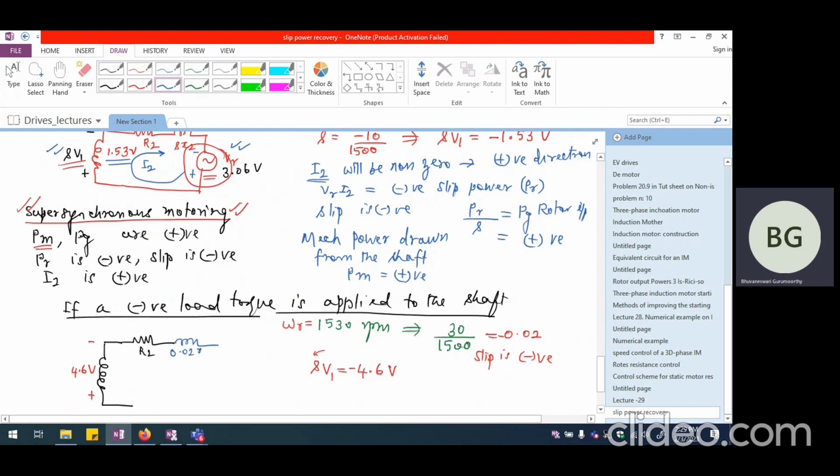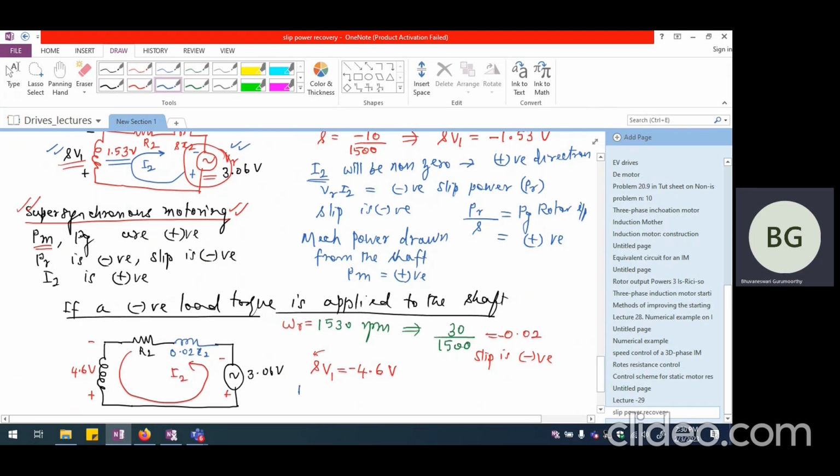0.02 times X2. Now we are going to have this VR connected again, and the VR value is 3.06 volts with plus here and minus here. Because of which the current would try to flow in the opposite sense as compared to the motoring operation.